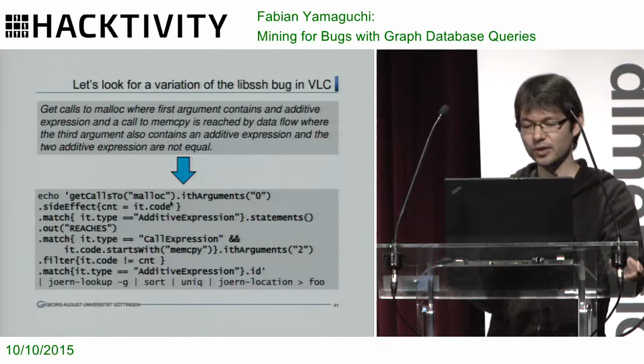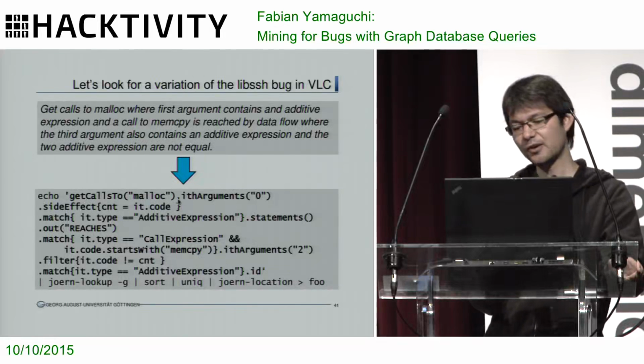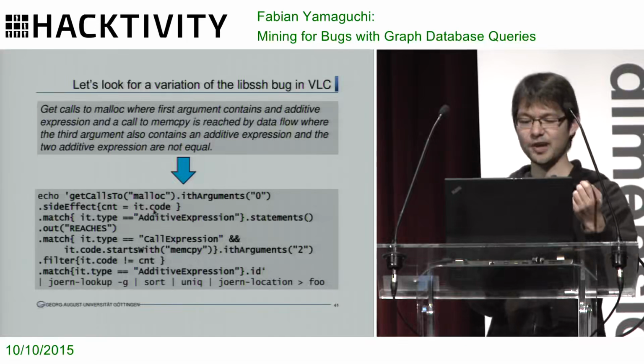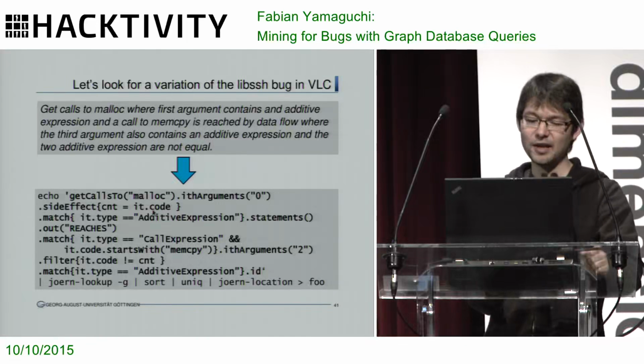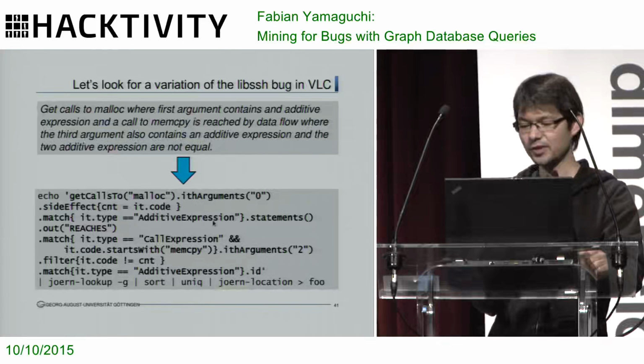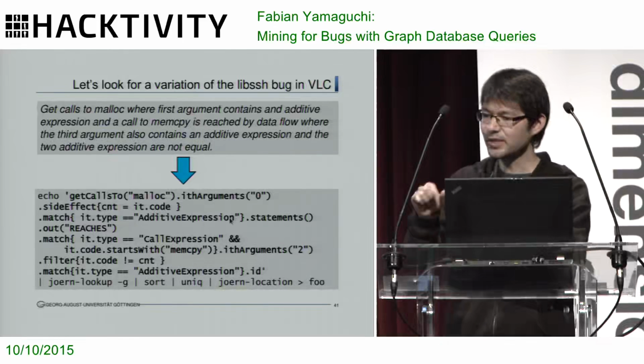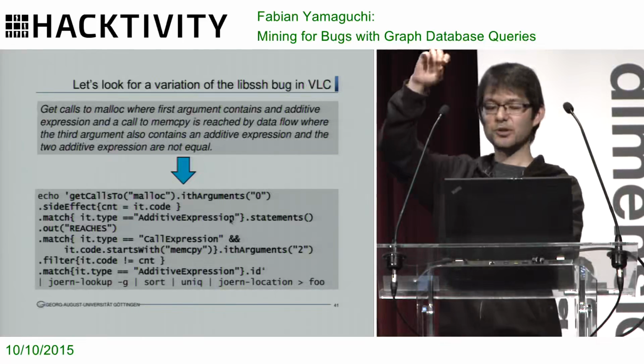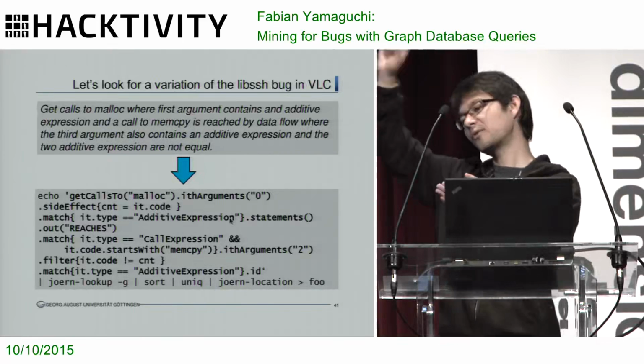Get calls to malloc, that's one of those utilities, and from there go to its first argument, which is the amount to allocate, and store that, right? Now take only those which are additive expressions, and from those additive expressions, so you're in the tree now, you go up to the enclosing statement, and now you can follow the data flow links.